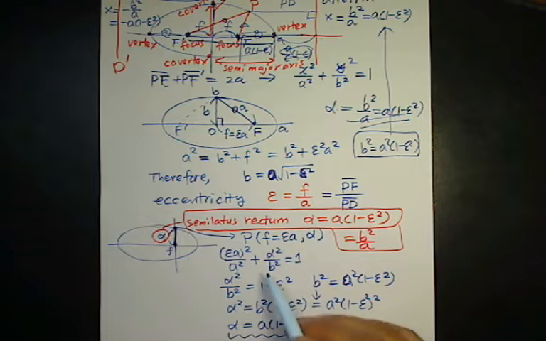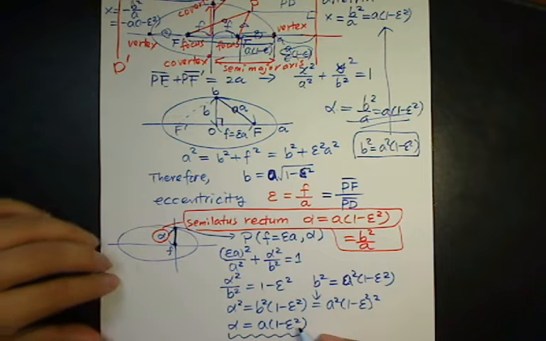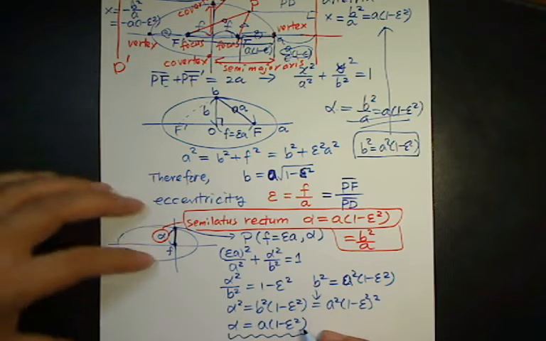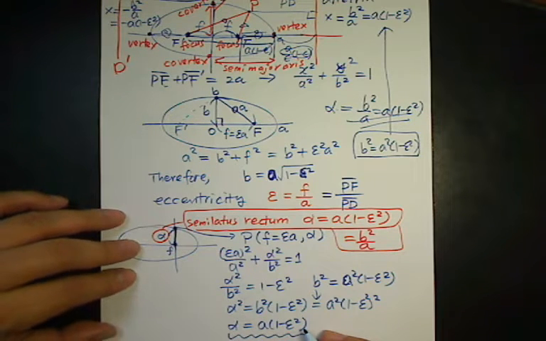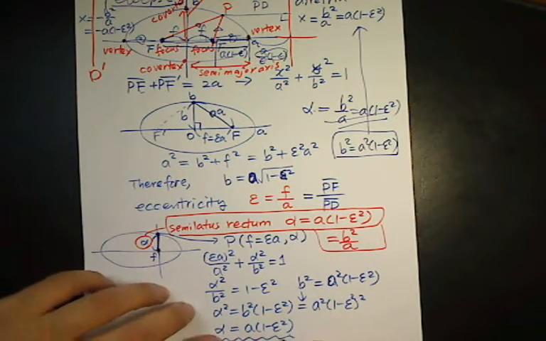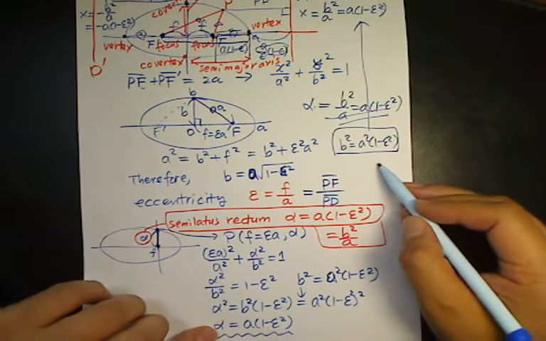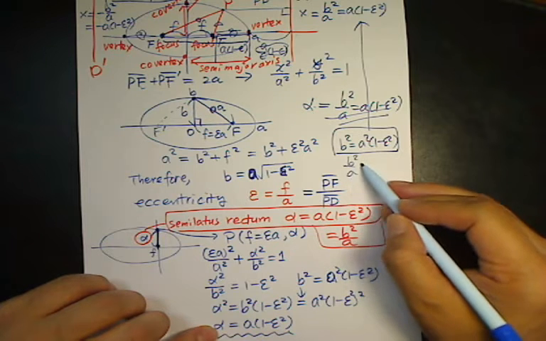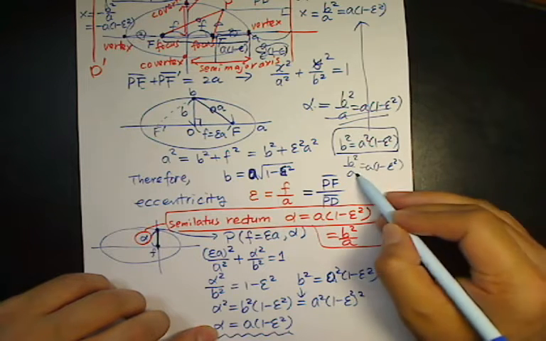Substituting these two values, we find that alpha, the semilatus rectum, is a multiplied by 1 minus epsilon squared. And b squared over a equals a times 1 minus epsilon squared, right?